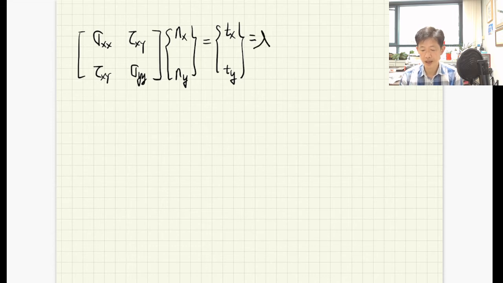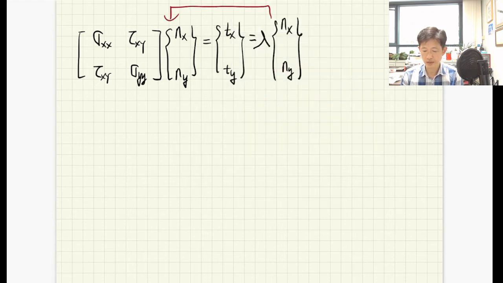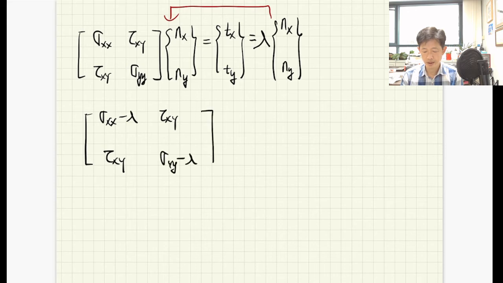This is lambda times nx and ny. If you move this value to the left hand side, then what's going to happen is sigma xx minus lambda, tau xy, tau xy, sigma yy minus lambda, and then nx and ny is equal to 0.